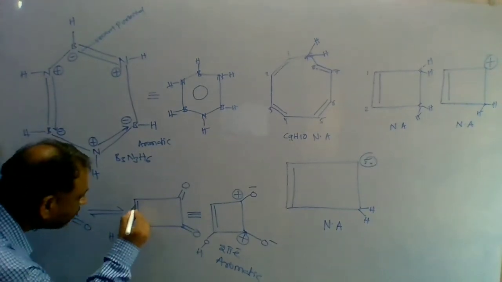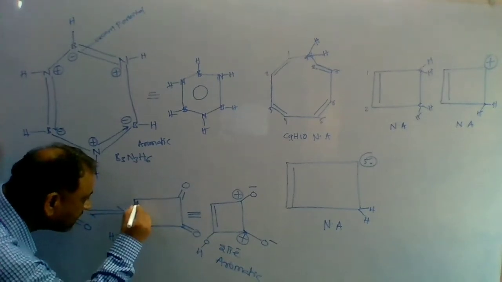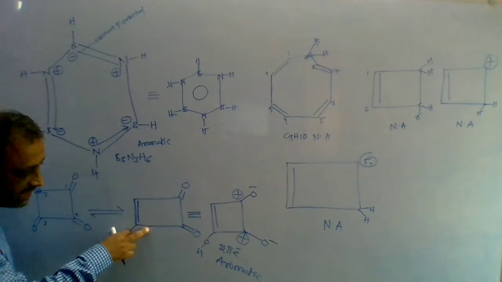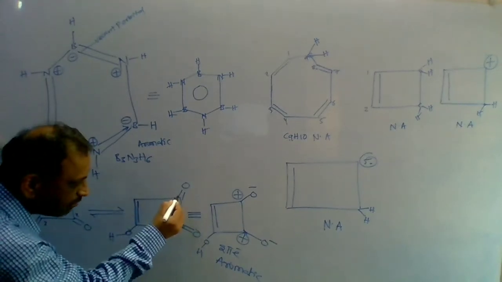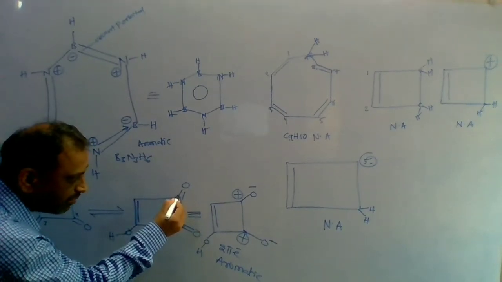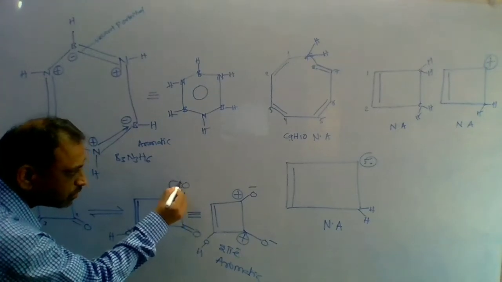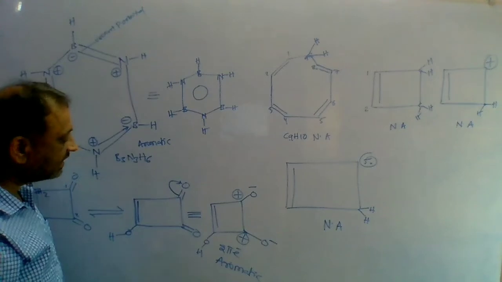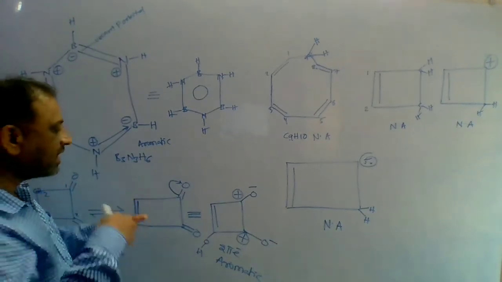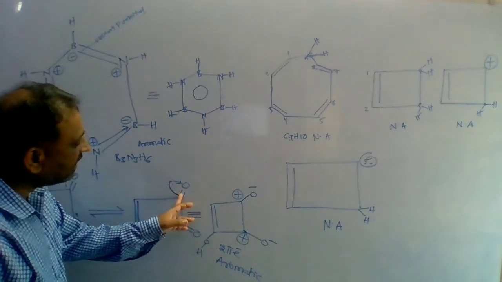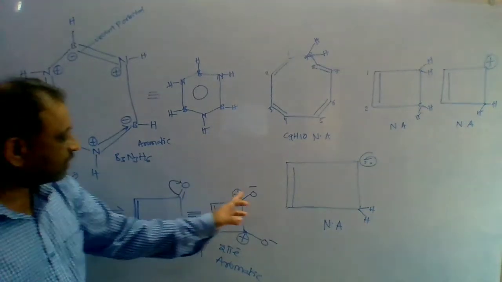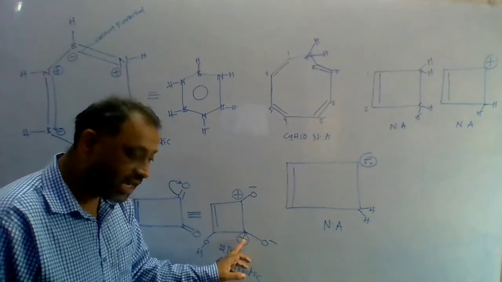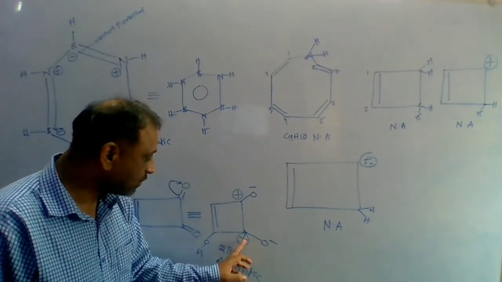As the result of tautomerism, the molecule has this structure, but here pi bond electrons are completely shifted towards oxygen because oxygen has more electronegativity than carbon. To acquire stability, pi bond electrons are completely shifted towards oxygen. Here carbon acquires positive charge. Here also carbon acquires positive charge.